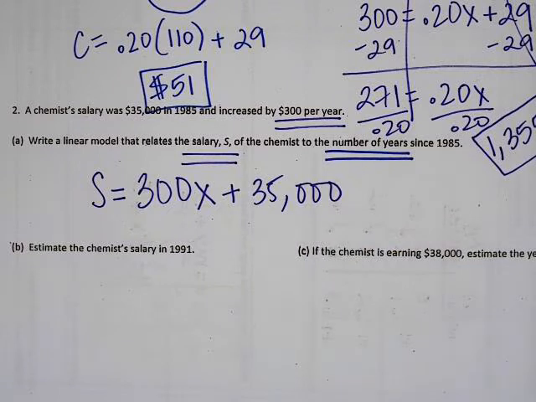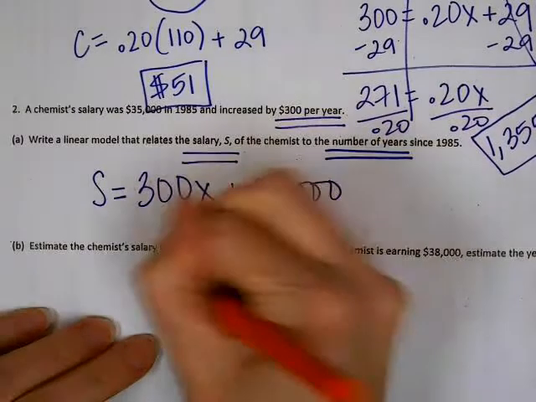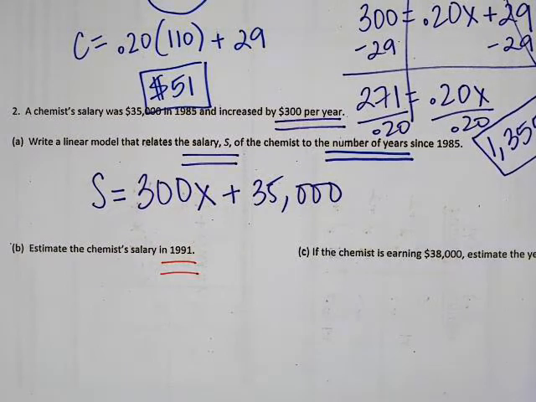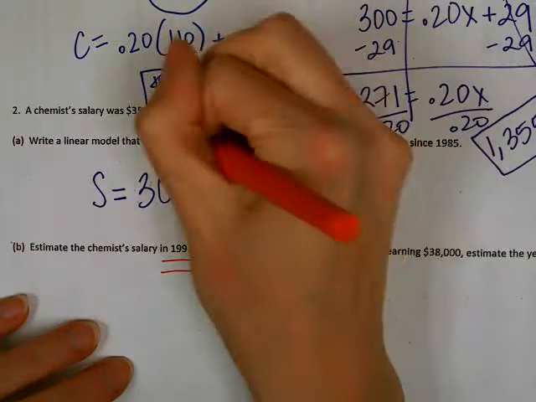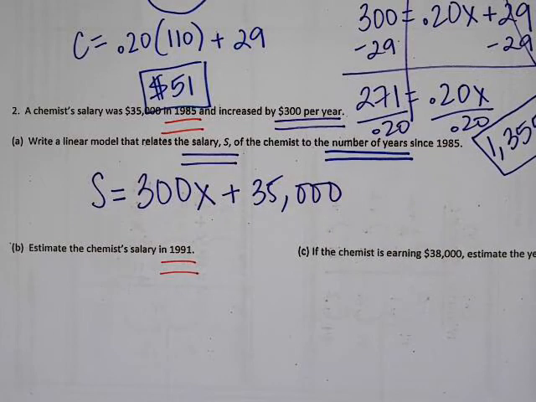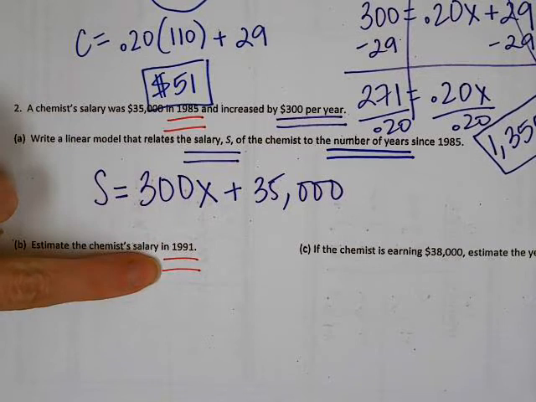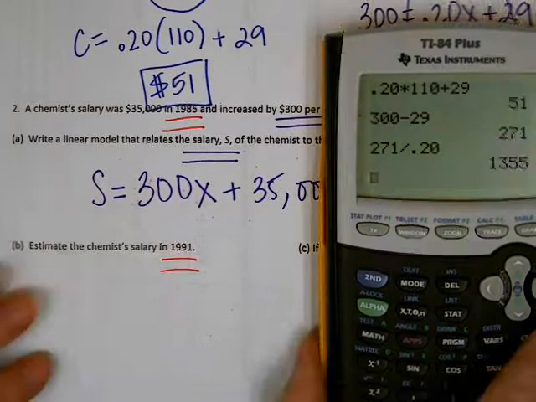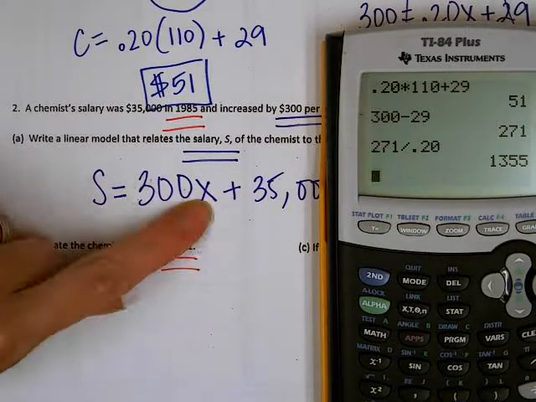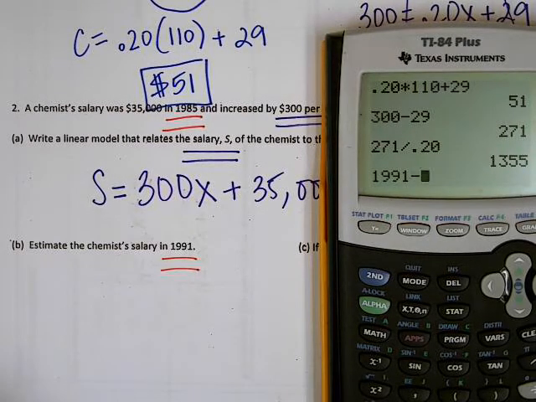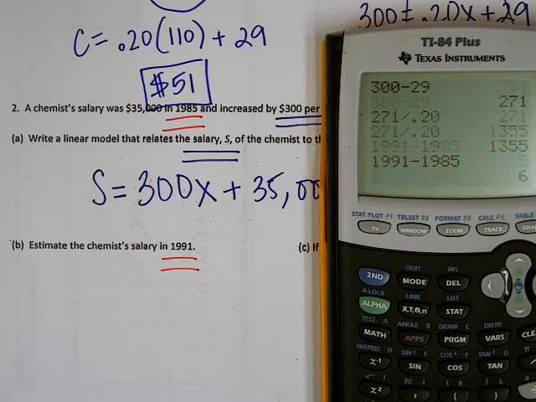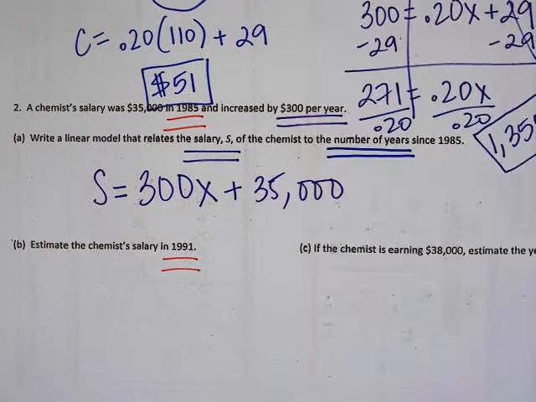Let's try B. B says, estimate his salary in 1991. But here's the trick. If the problem started in 1985, how many years have passed? So we're not going to plug in 1991. What's 1991 minus 1985? That's 6 years.